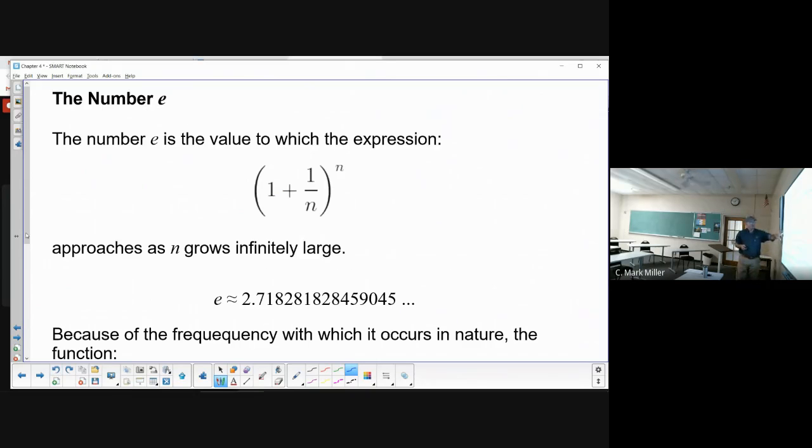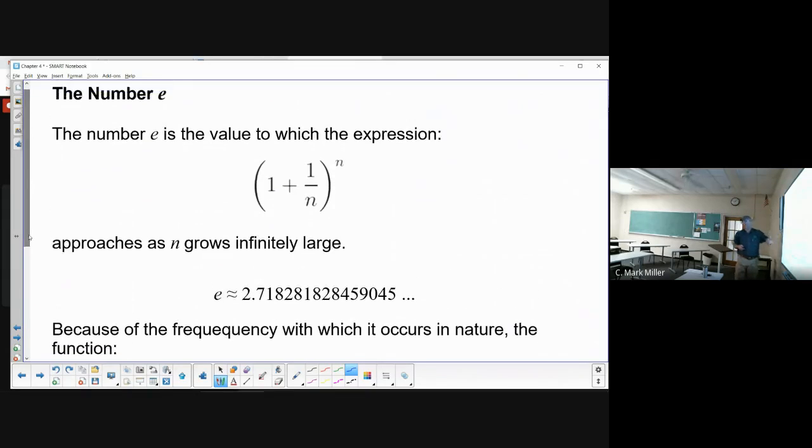We just touched on last time the number e when the board crashed. You remember? The number e is another constant of the universe, right? Just like the number pi, 3.14, approximately 3.14159265358979. e is approximately 2.72.